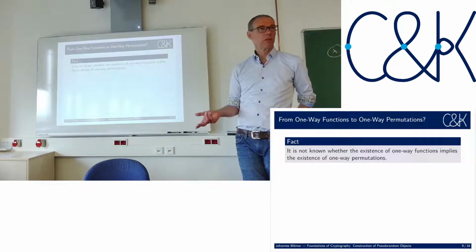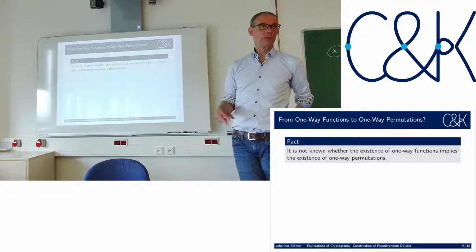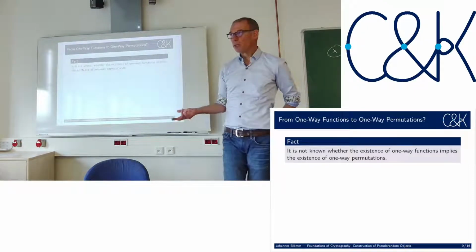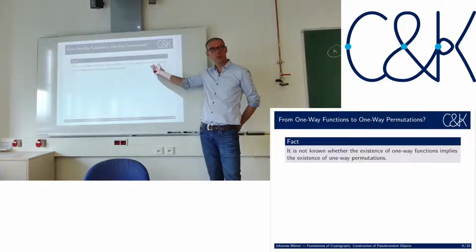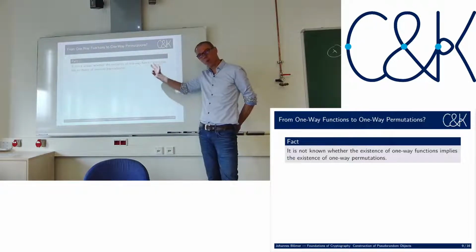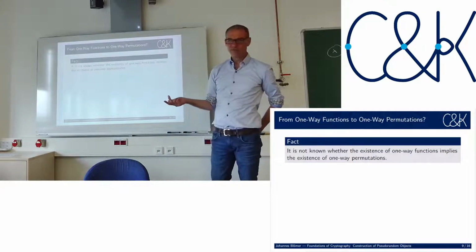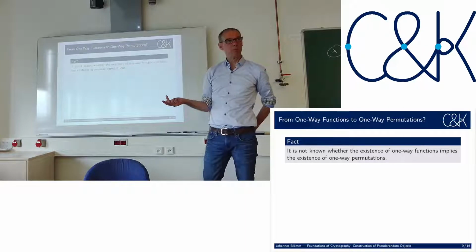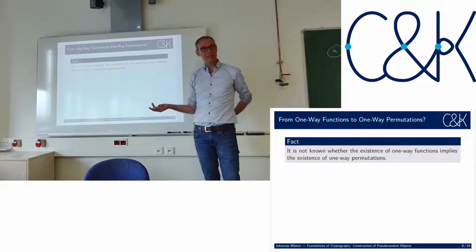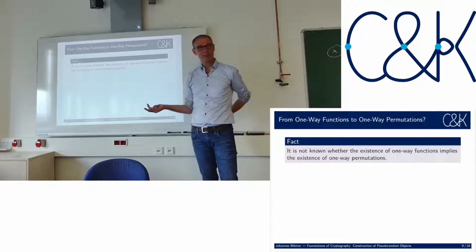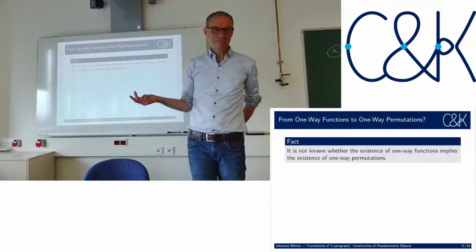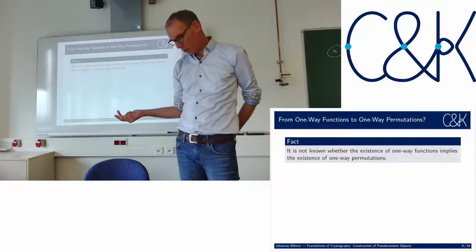If one-way permutations exist, obviously one-way functions exist because they are functions, but the other direction is not known. So it could be the case that one-way functions exist, but one-way permutations do not exist. Nobody in this area, I think, believes that this is the state of nature, but we are not able to prove it.